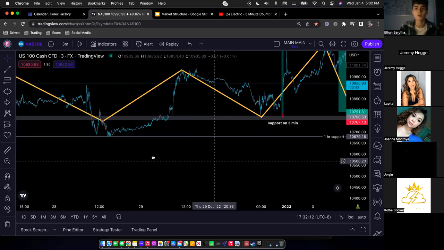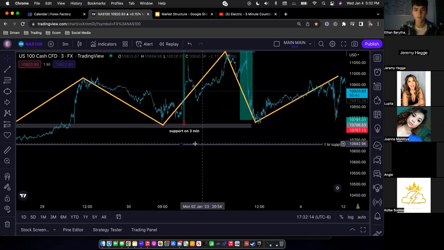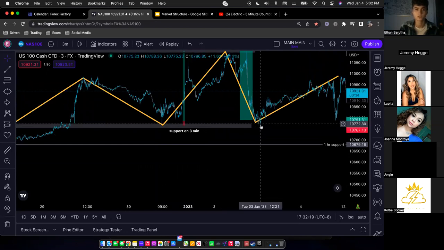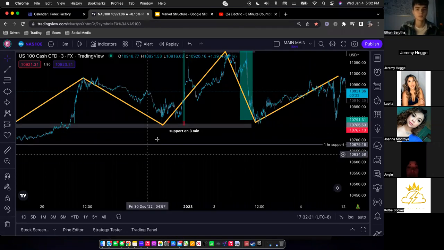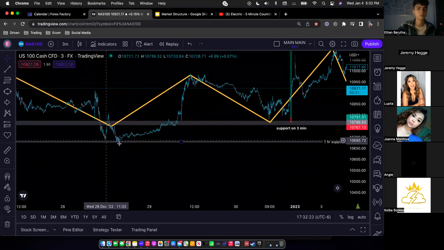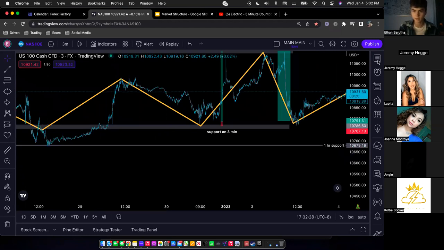So like I know if market is in here that I'm probably going to take a trade, because it wicked here multiple times, and then it went for a 400 pip move on the 1 hour support. So that's why I do higher time frames.